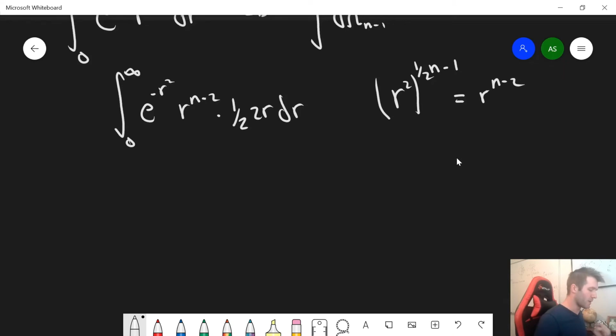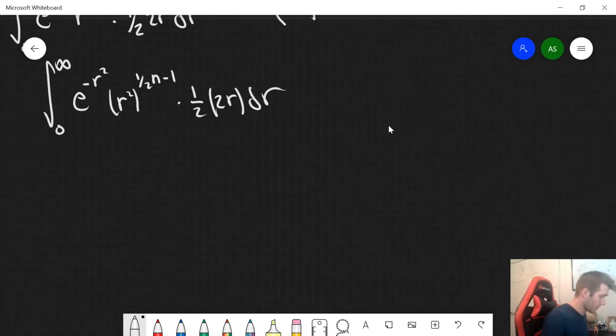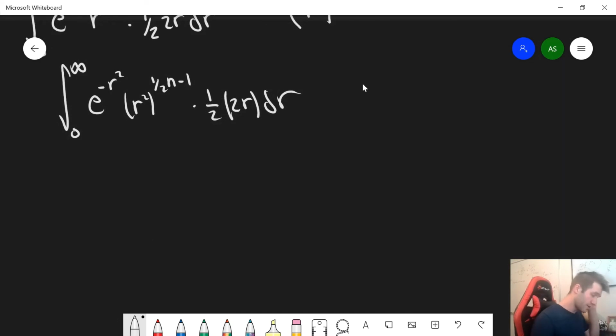Now, with that in mind, we can rewrite this: integral from 0 to infinity of e raised to the negative r squared times r squared raised to the 1/2 n minus 1 times 1/2 times 2r dr.